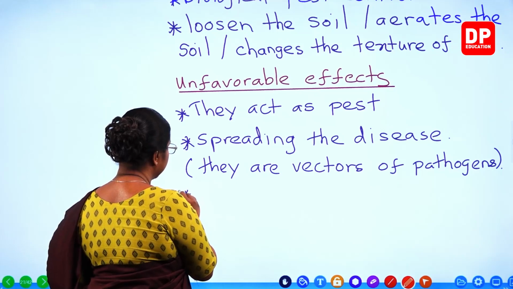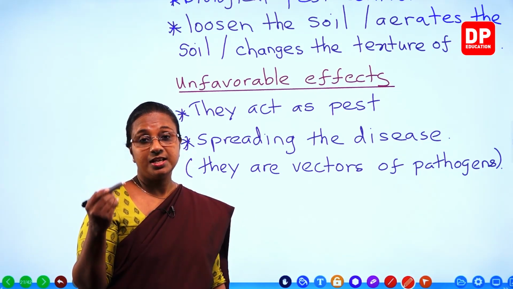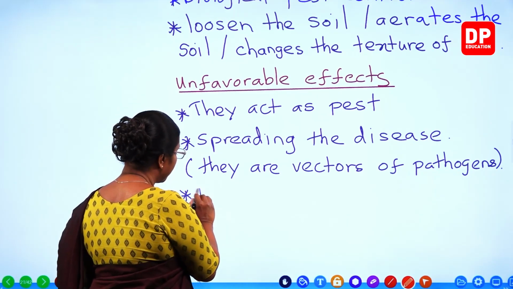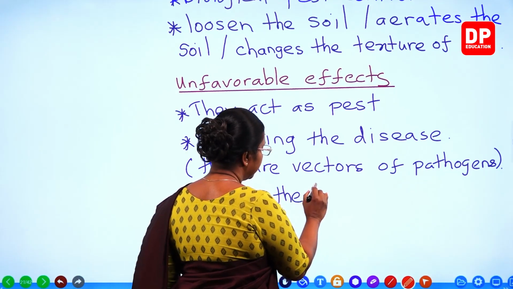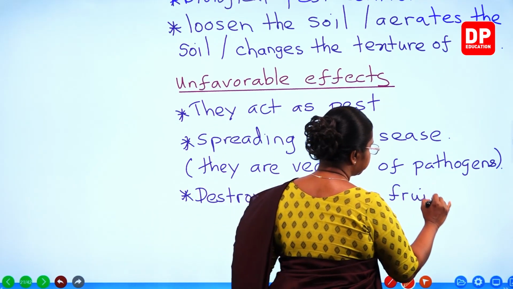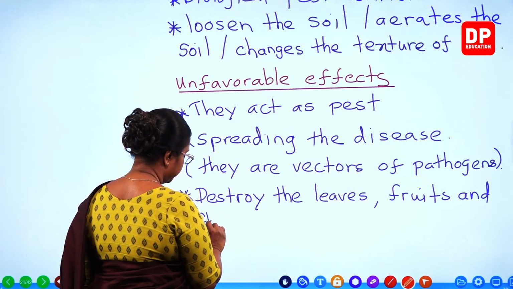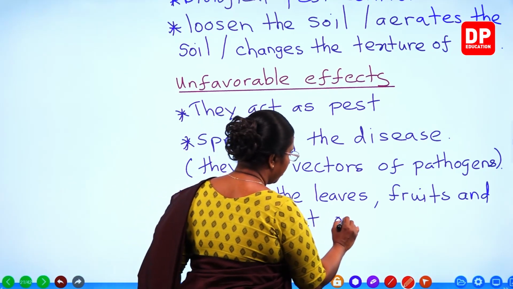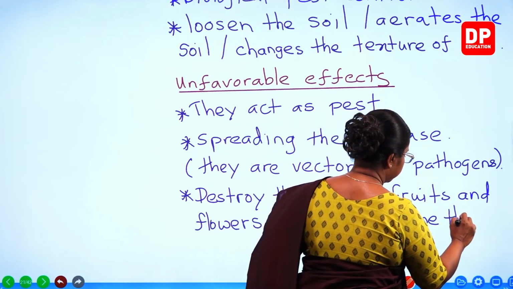Then another thing that they do is that they feed on the fruits, leaves and flowers of crops. So because of that, they destroy the leaves, fruits and flowers, because they eat or consume them.